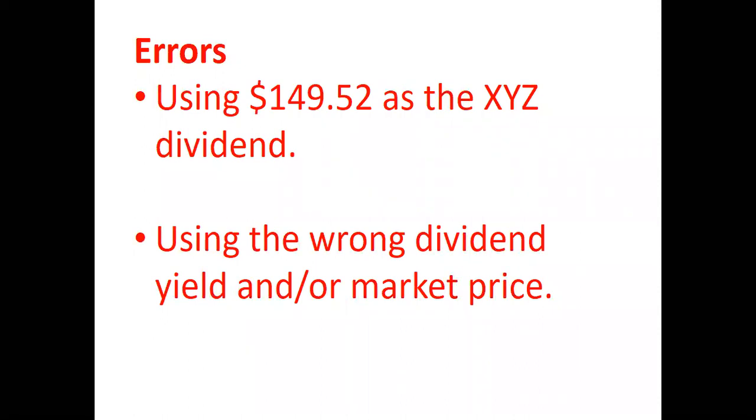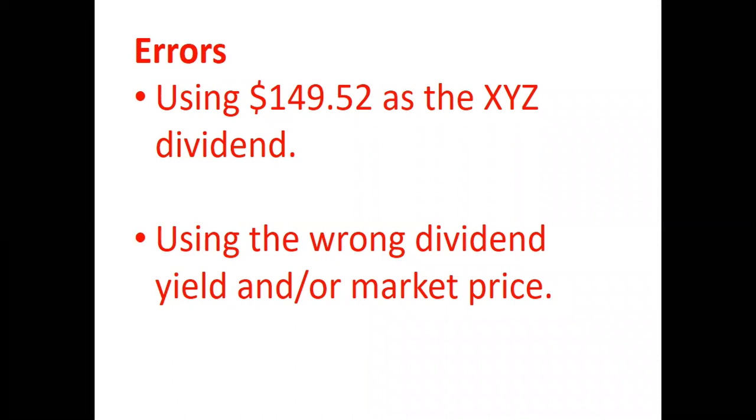Common errors that we found were that they used the $149.52, which was the total dividend for XYZ company, and worked through there. So they had the right approach, they just left out a step to start with. They were using the wrong dividend yield and or the market price.